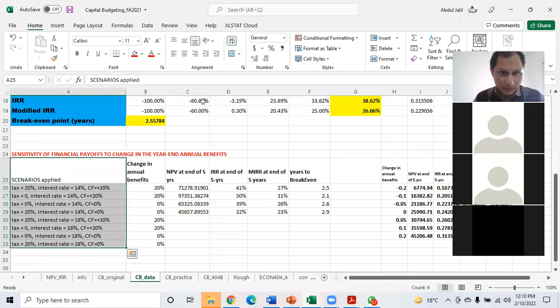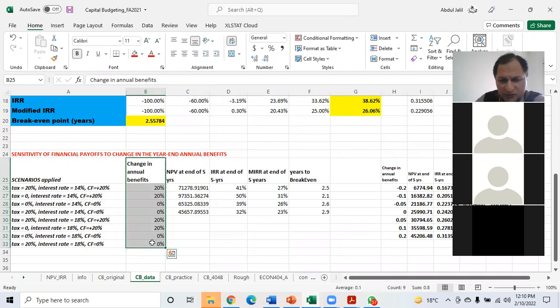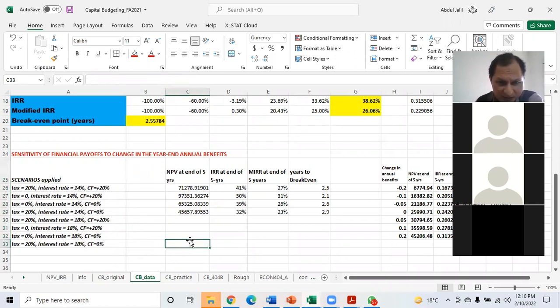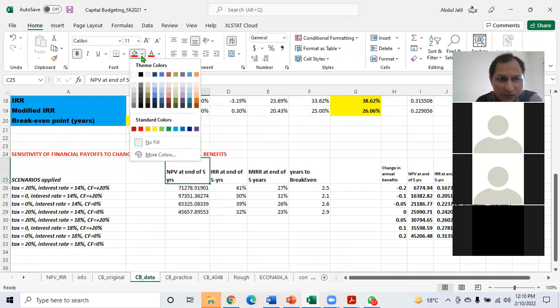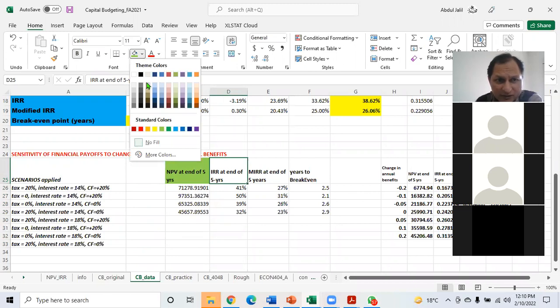These can be bold and colored, bold and italic. If you are not going to mention this column, no issue. It is not needed as such. The only thing is that you must know this is the NPV, so make it colored. This is the IRR, so give some other color to IRR.